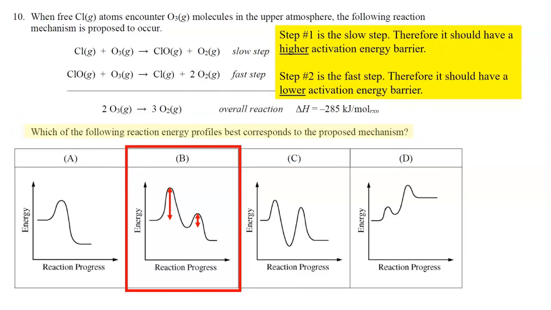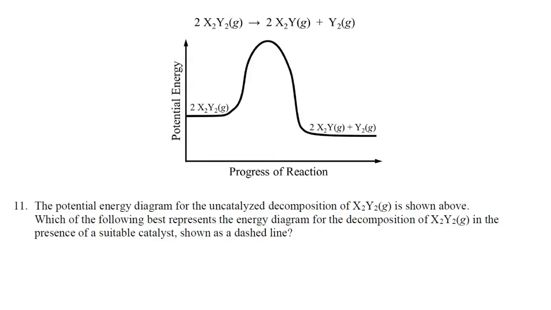Now let's take a look at question 11. In question 11, it says, the potential energy diagram for the uncatalyzed decomposition of X2Y2 is shown above. Which of the following best represents the energy diagram for the decomposition of X2Y2 in the presence of a suitable catalyst shown as a dashed line?